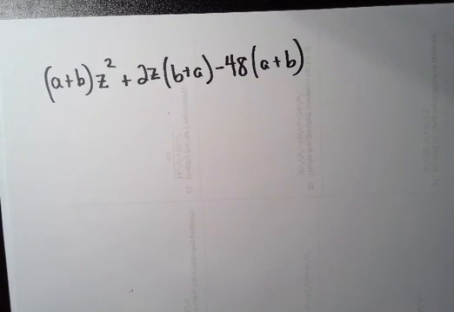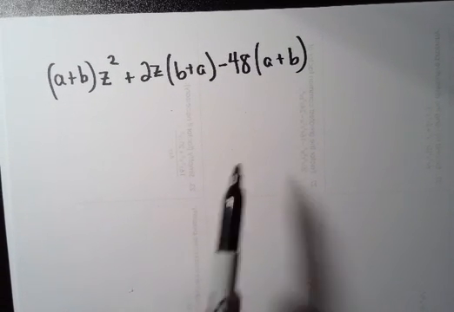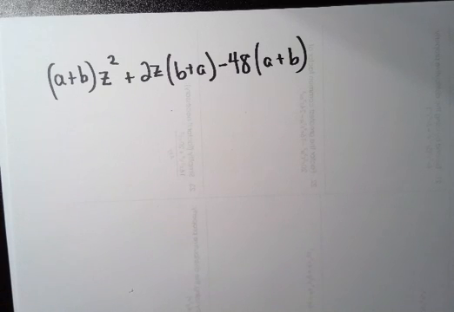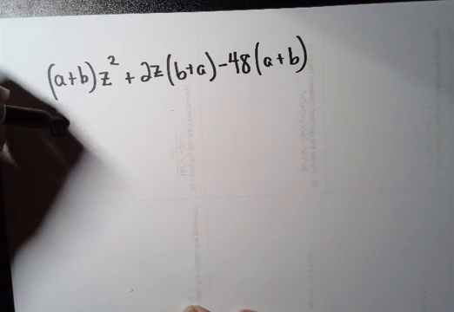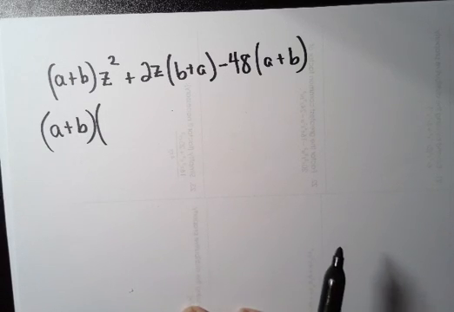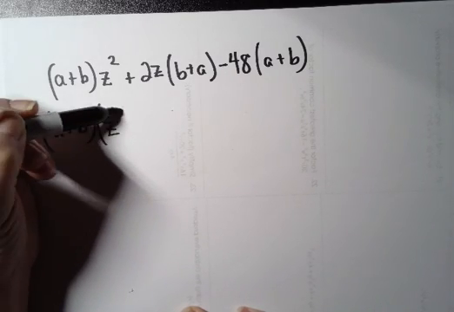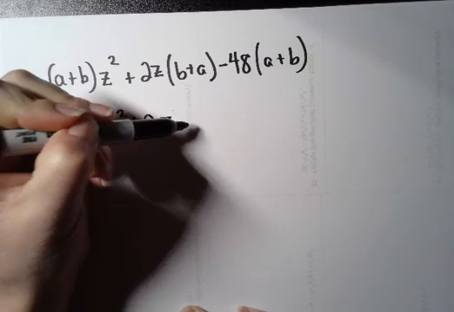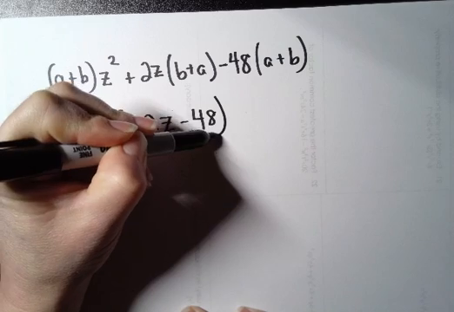Again, it looks messy, but just like last time, we see that each one of these has the term a plus b. So I'm going to start by factoring out the term a plus b and putting it out in front. Then I write my remaining trinomial. So I have z squared plus 2z minus 48.